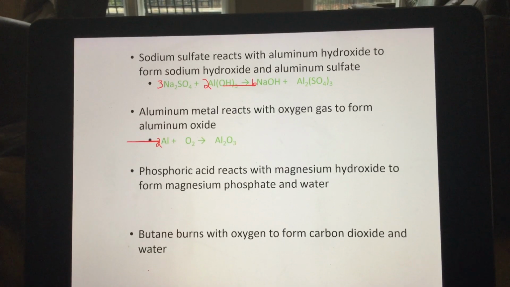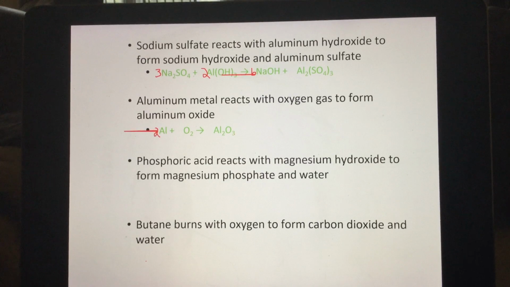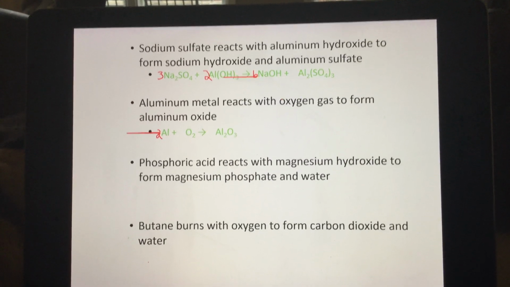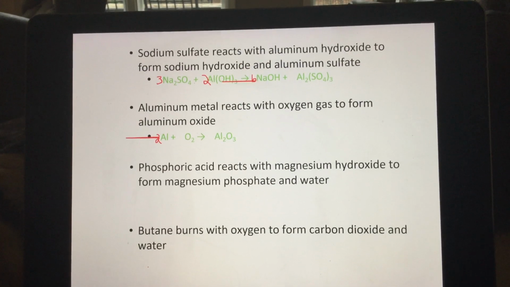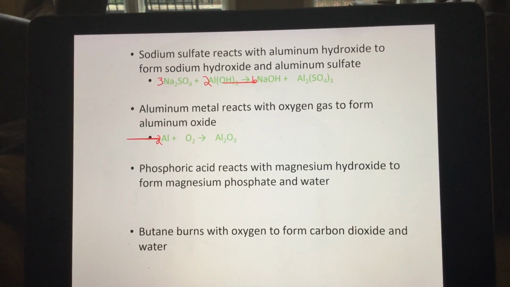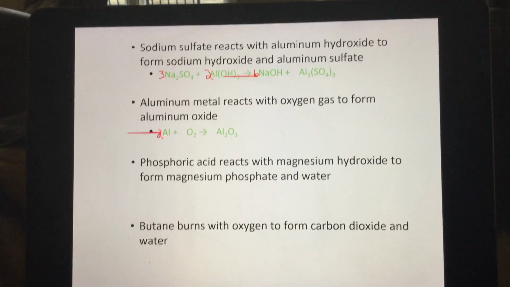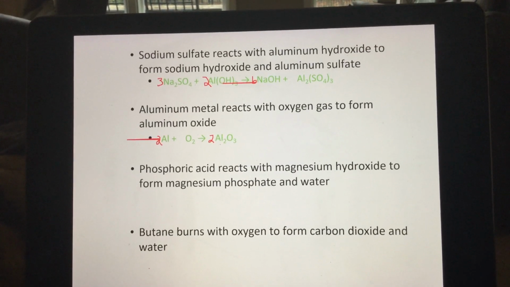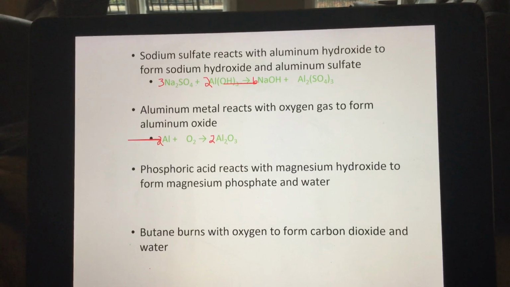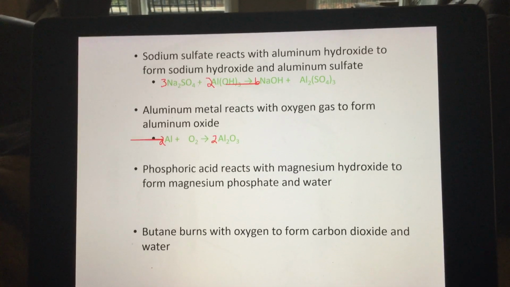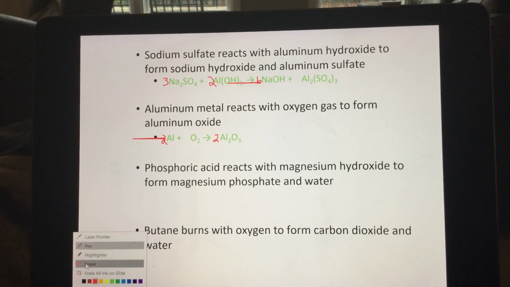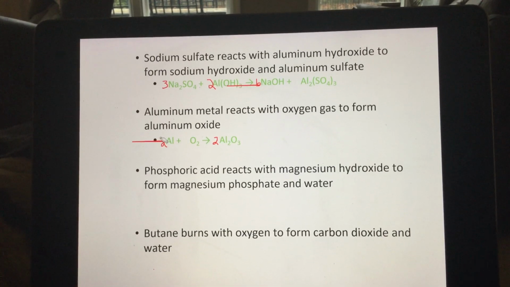So this is one of those where, you know, it's kind of an example of we have an odd amount, so let's make it even. Or you could look at it, the least common multiple between 2 and 3 is 6. So I'm going to put a 2 out here to give us 6 oxygens. Now remember, we already balanced our aluminums and we just changed it. So before I continue on and forget to fix the aluminums, I'm going to go and balance those.